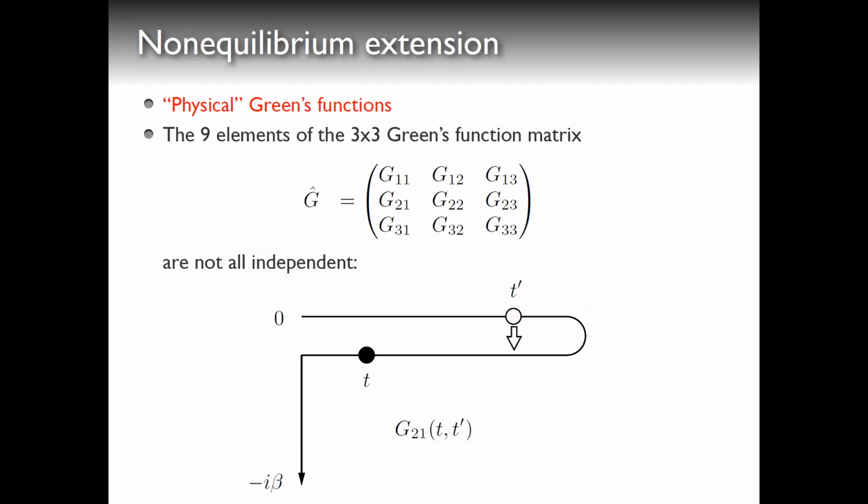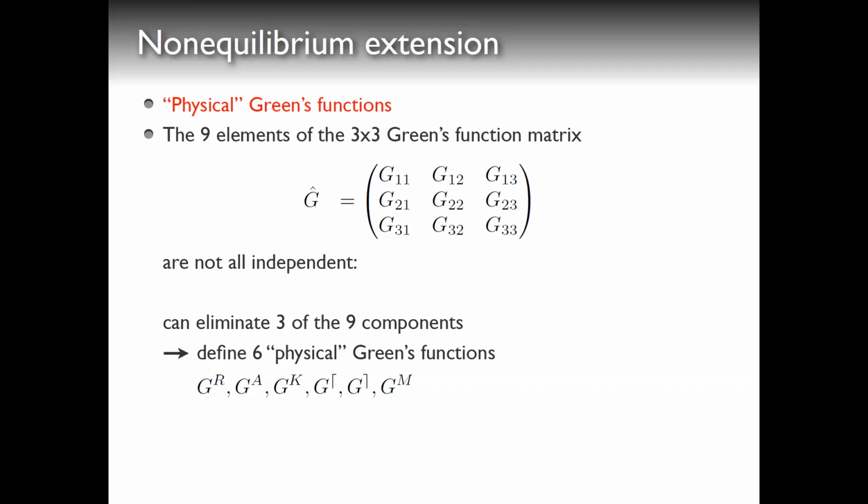So for this reason, we have that G21 is equal to G22, and there are similar other redundancies which allow us to eliminate 3 out of these 9 components, and then we end up with 6 physical components which have names like retarded, advanced, Keldysh, and so forth. And they are then related to the spectral function or the occupation of our system.